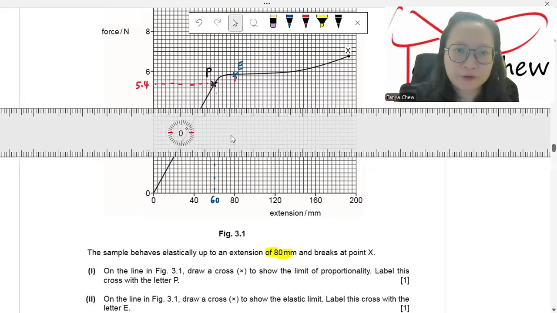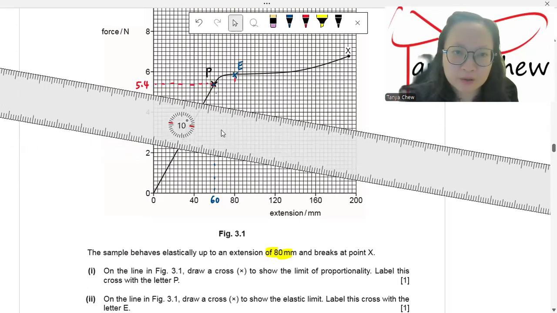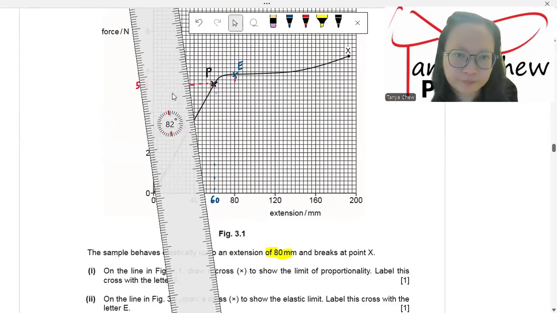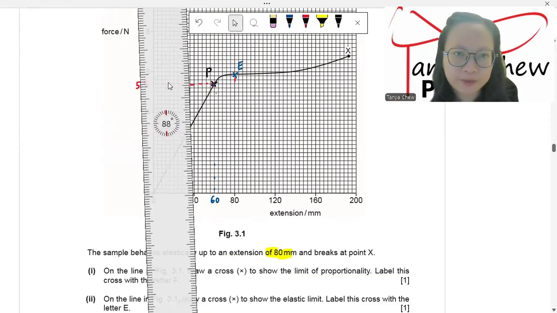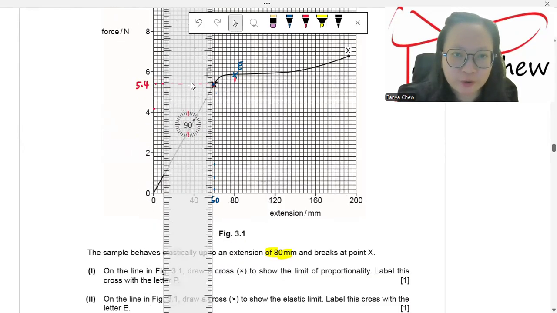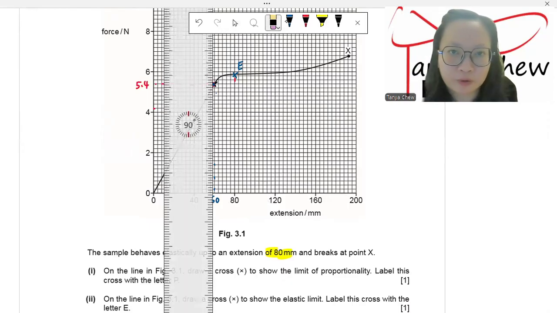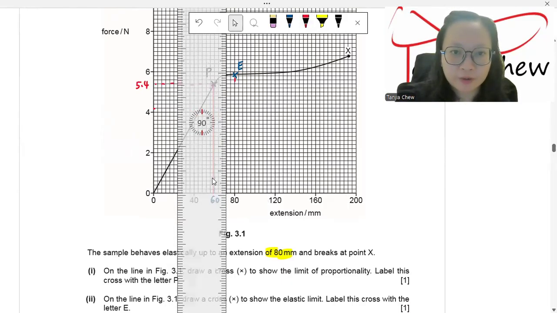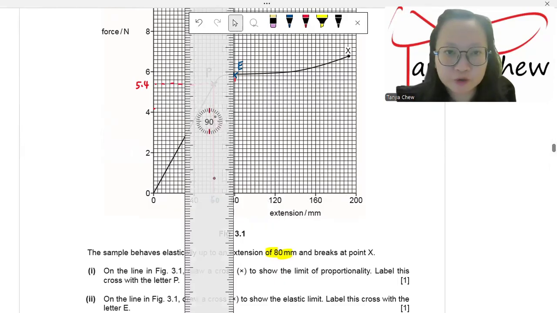So for this part, because it is just a straight line, it is not a problem. We can find the area. But for the other part, I am going to draw up like this.